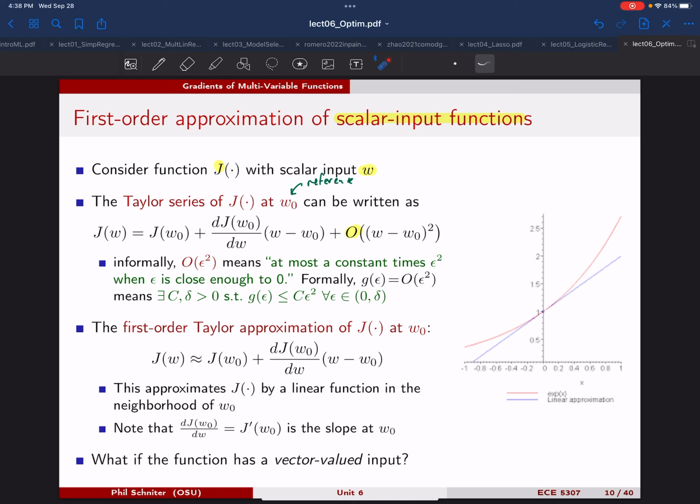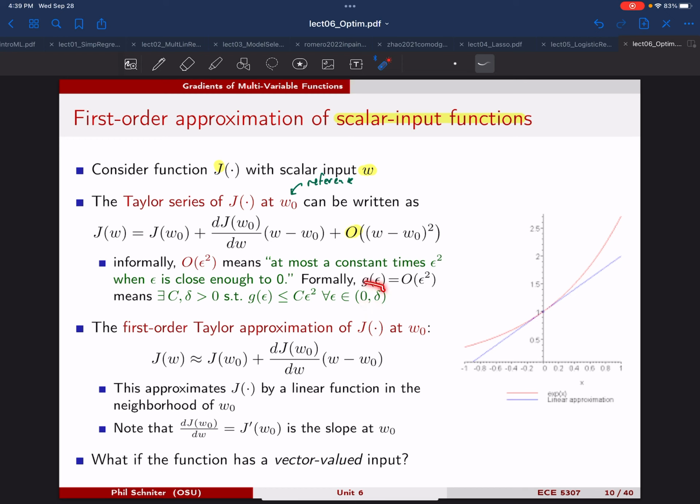Okay, if you want to see the full mathematical definition, it means there exist some positive numbers, c and delta, such that if the function g is order epsilon squared, then g at epsilon is less than or equal to c times epsilon squared, that's your constant, for all epsilon between 0 and delta.